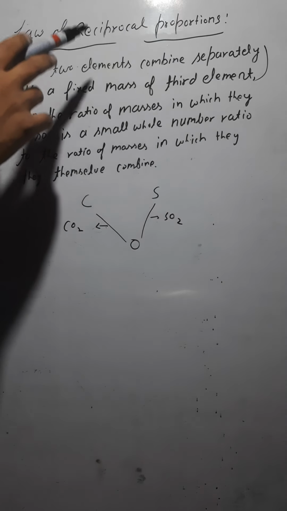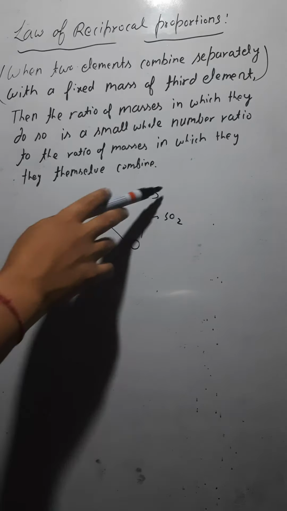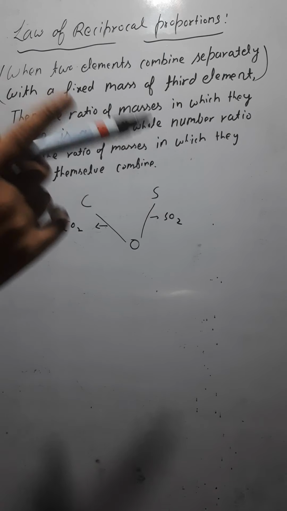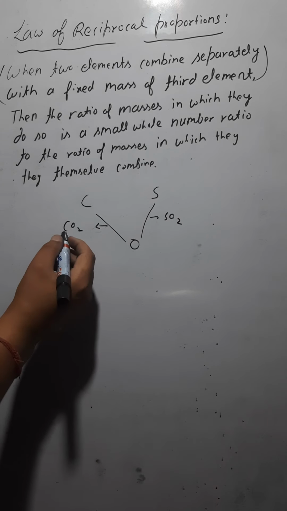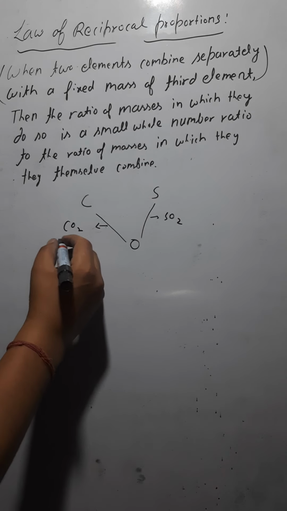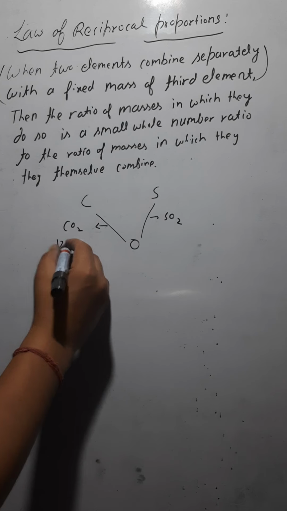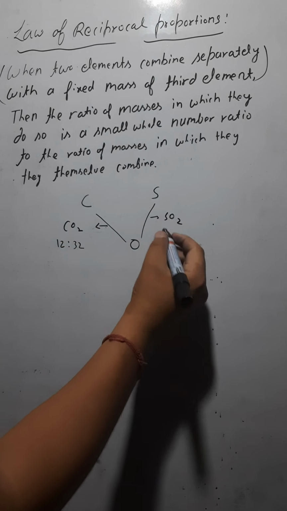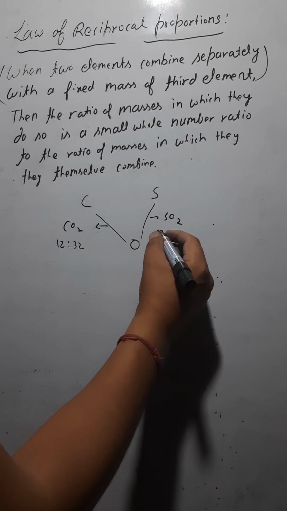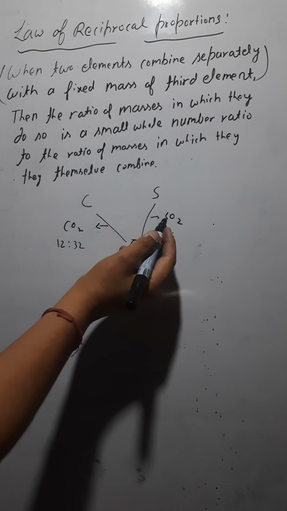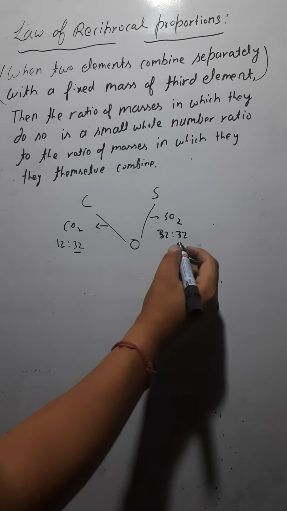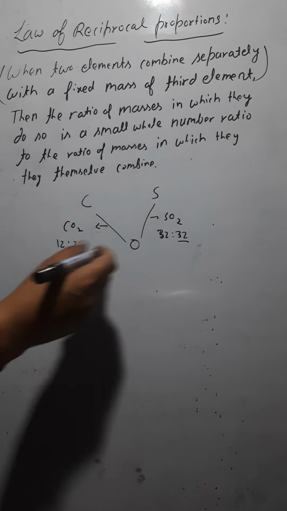So let's go through the sentence again. When two elements combine separately with a fixed mass of third element, this one element should be having the fixed mass. Let's find out the mass here. The mass of carbon is 12, and the mass of oxygen is 16 to 32. Here again the mass of sulfur is 32, and the mass of oxygen is 16 to 32. So oxygen is having the fixed mass here, 32 here also, 32 here also.